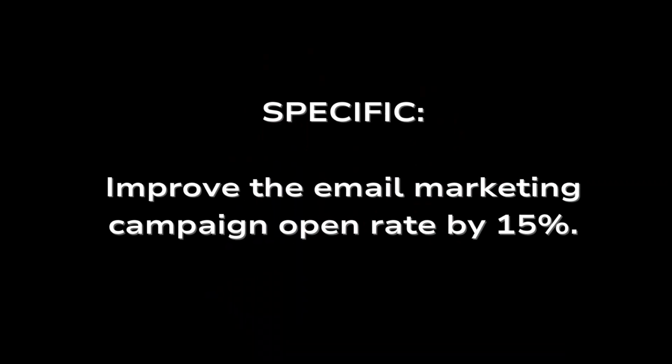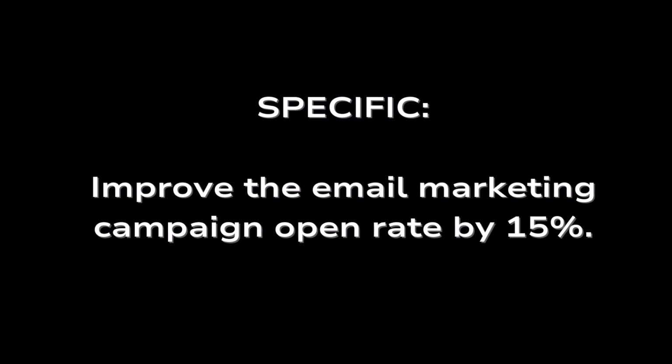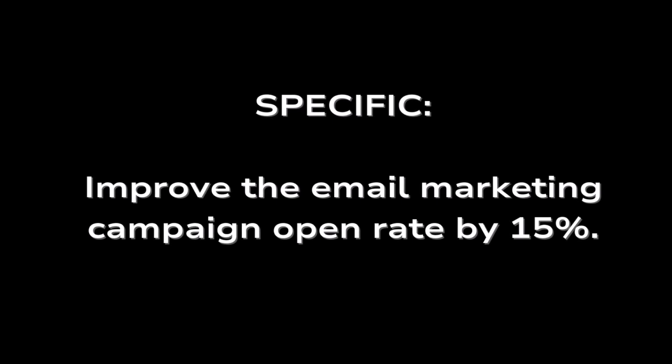When I was working on this example, the specific goal that I identified was to improve the email marketing campaign's open rate by 15%. That is the very specific thing that we want done by the end of the course. Having a very specific goal helps your learner by knowing what they're getting themselves into. What is the end goal here?